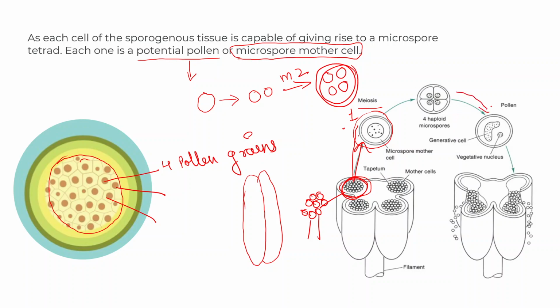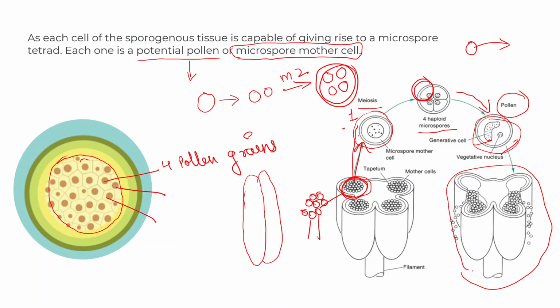Each single microspore will undergo maturity again, and this is how we get this structure: a generative cell and a vegetative nucleus. This is the structure of a pollen grain. We'll discuss it later. Now this is the complete picture of how this whole anther, from the very early stage to maturity, is filled with little pollen grains, right?